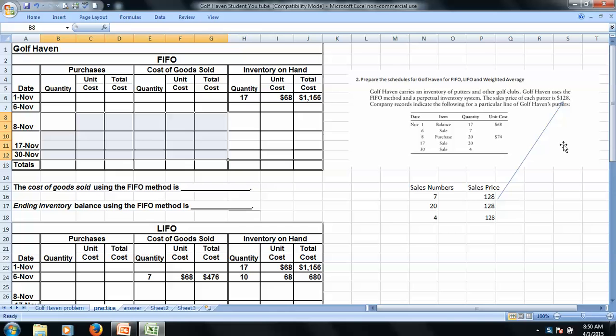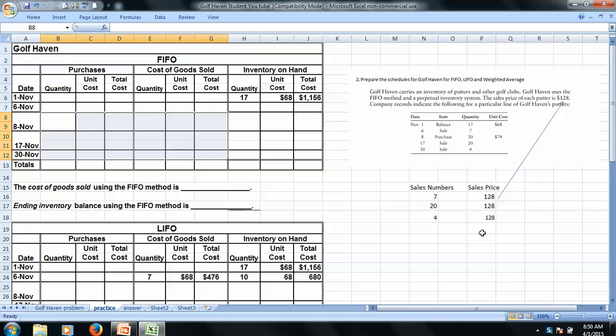Now, in some of your problems, you can have different sales prices for different sales. In the case of Golf Haven, we had a sale on November 6th, we sold 7. We had a sale on November 17th, we sold 20. And we had a sale on November 30th, we sold 4 more. And every single time, we sold them for $128 apiece.